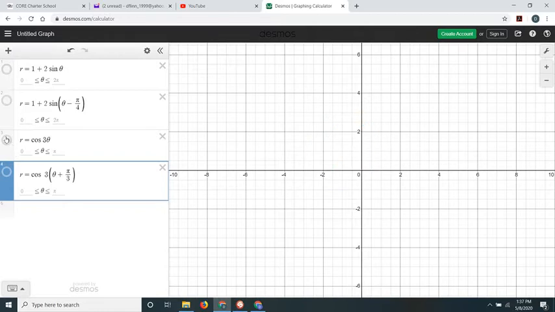And then what else do we have? It also says, given the graph r equals cosine of 3 theta, and I think I remember this is going to be a rose, predict the graph of r equals cosine of 3 times theta plus pi over 3. Now we're replacing theta with theta plus pi over 3. So what do we think is going to happen here? Well, let's look.